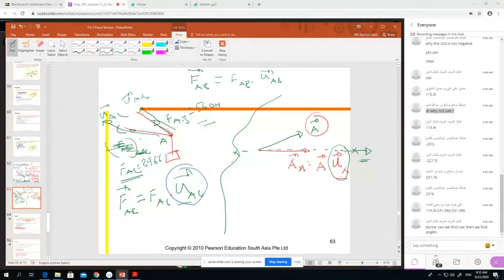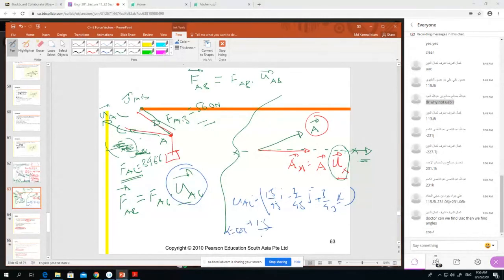Now, Kamal Ashraf asked, yes, from UAC. So what UAC did we calculate? UAC equals, in IJK, 1.5 by 4.5, minus 2 by 4.5 or minus 3 by 4.5, plus 3 by 4.5. Now, if you want to find the angle, very simple. Alpha equals cos inverse 1.5 by 4.5.